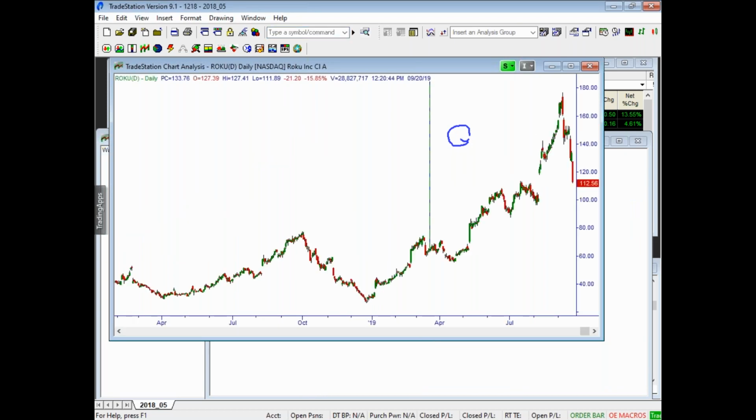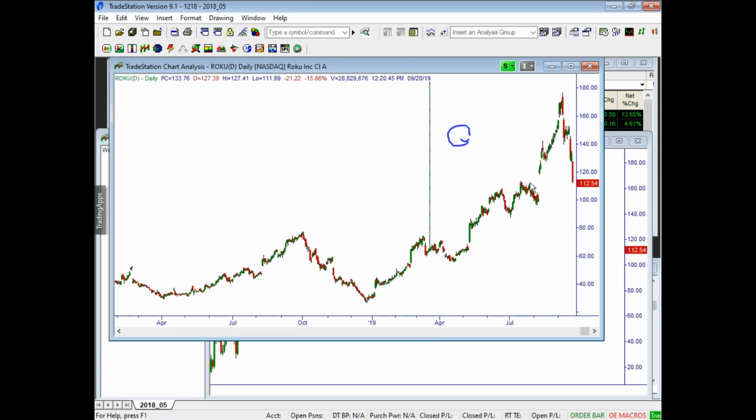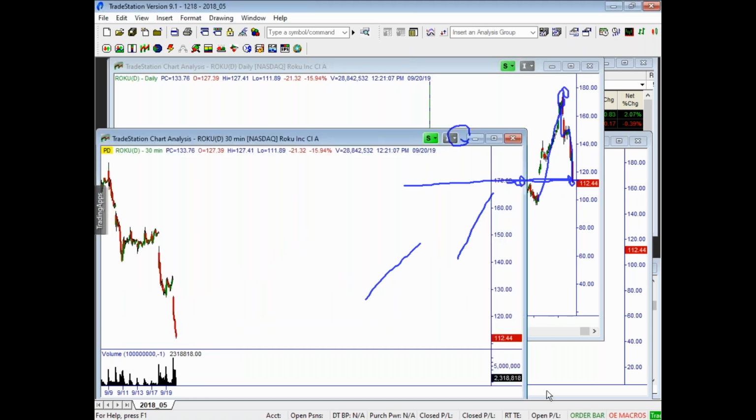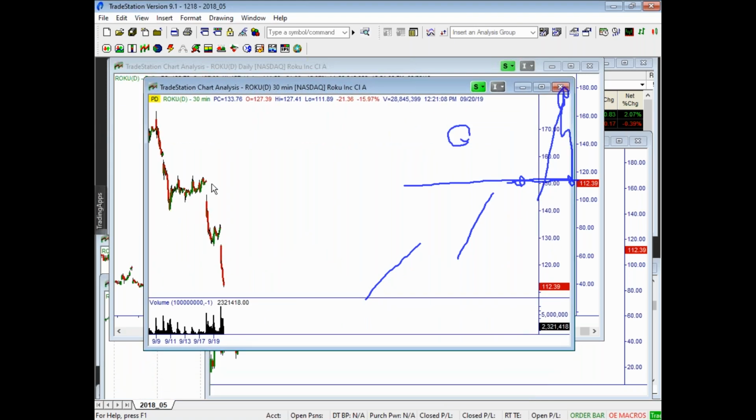Roku, of course, everybody's following Roku, and where are we at on Roku? Right at this previous high support that we were looking at over the last couple weeks as our main support level. So here's that 2-wave move down, gained momentum, 3 waves up, exhausted the trend. So you're at support here on the intraday chart.